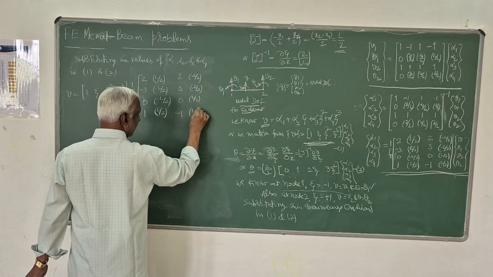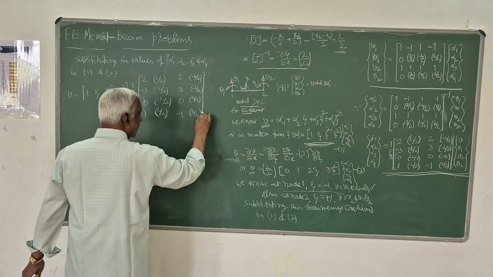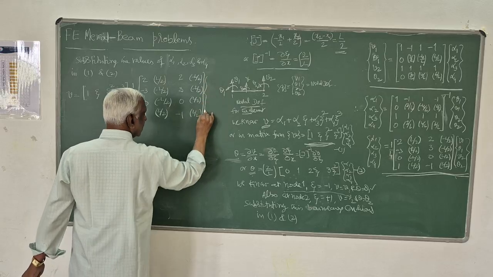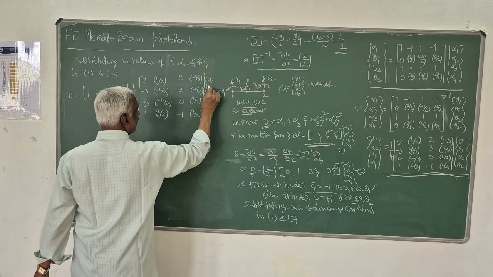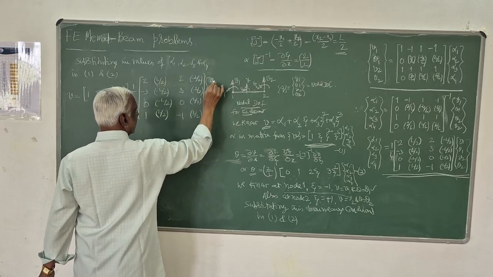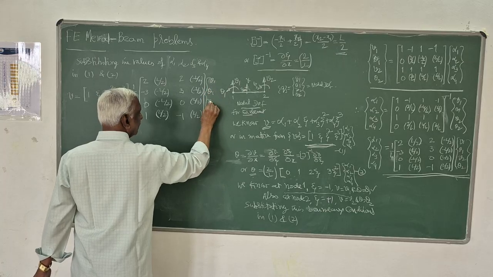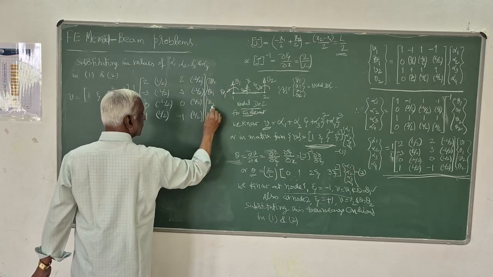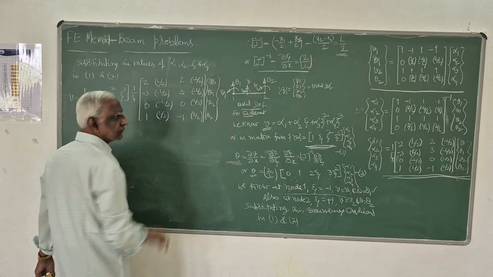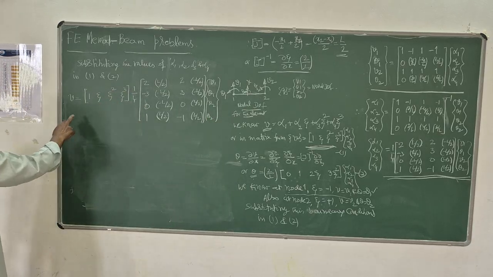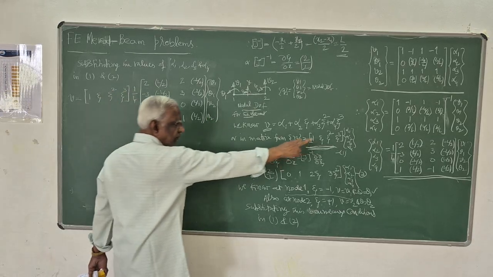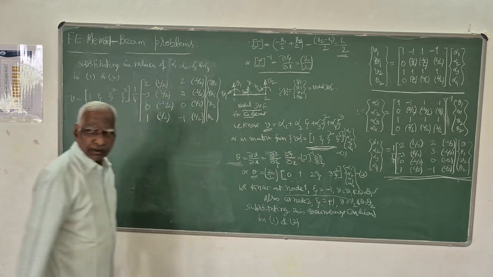That is the inverse of that particular matrix multiplied by the nodal degrees of freedom v1, theta 1, v2, theta 2. I just substituted that alpha 1, alpha 2, alpha 3, alpha 4 here.